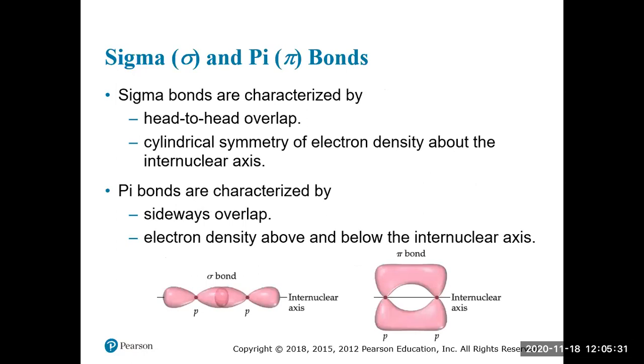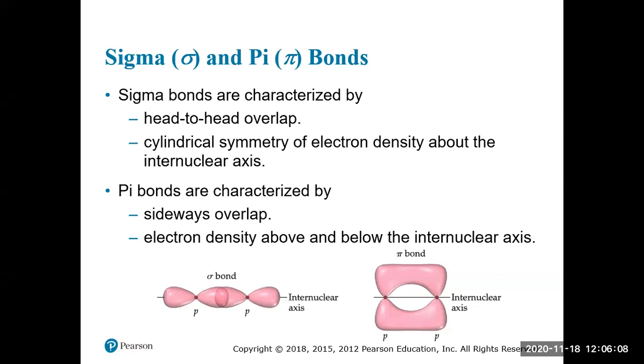So sigma bonds, if we look down at the bottom, we characterize as a head-to-head overlap. In this example, we have two p orbitals overlapping. We see the heads of the orbitals overlapping, and you see that darker overlap region there. That shows us the electron density goes along the axis of the two atoms, and we see that overlap in between them to form that sigma bond, that single bond.